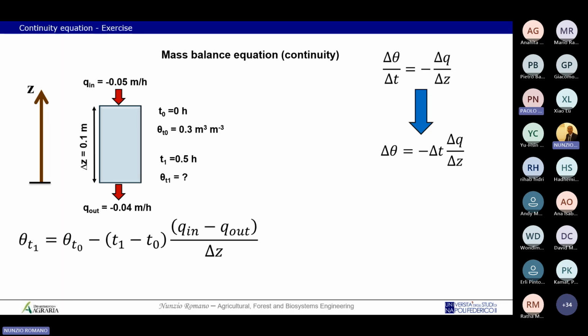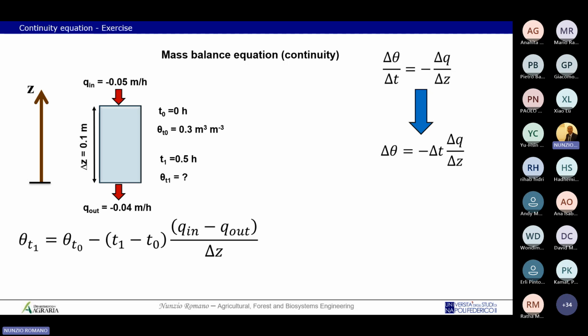It's relatively easy to transform the gradient in differences. So the water content at the final time t1 depends on the initial water content at time 0, minus the term that we have on the right.